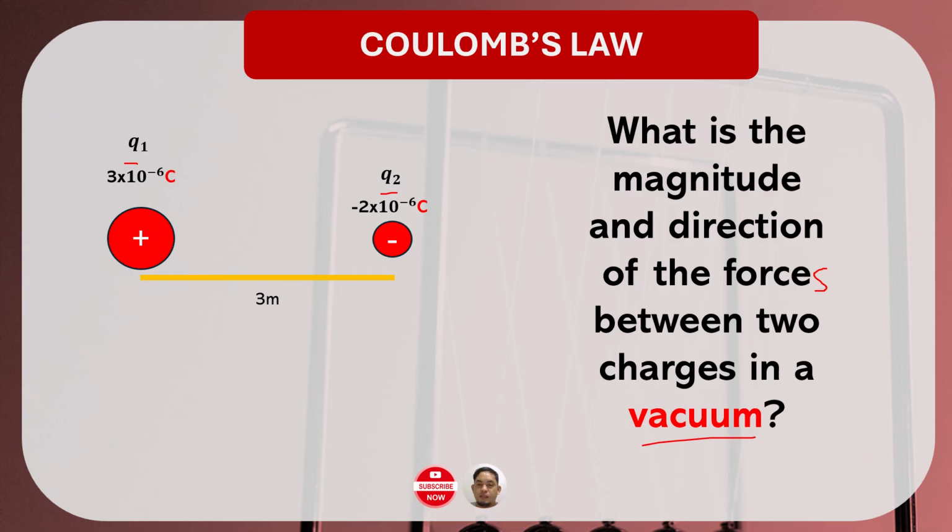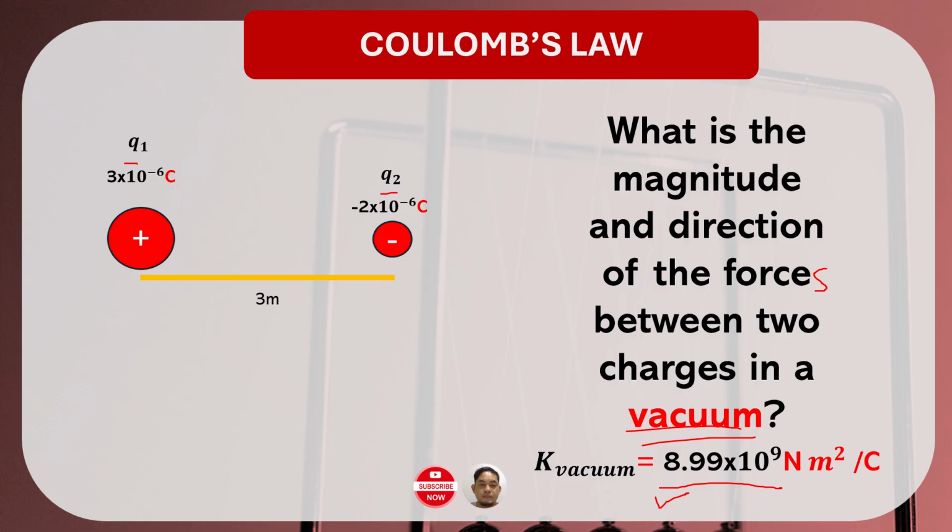So the Coulomb's constant in a vacuum is equivalent to 8.99 times 10 raised to 9 Newton meter squared per Coulomb squared. That's the unit of our Coulomb's constant. And this will be the value of our K every time the charges are in a vacuum.